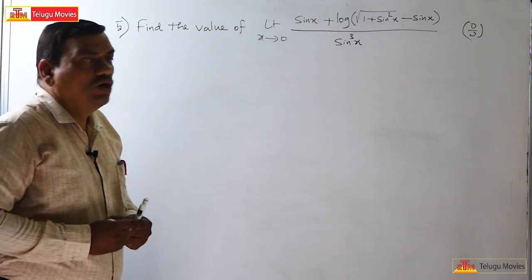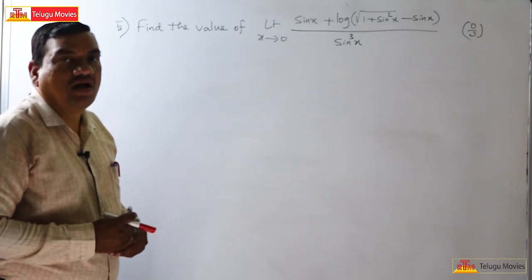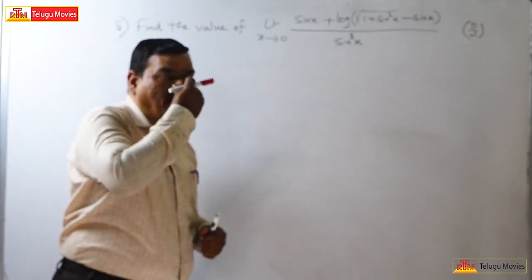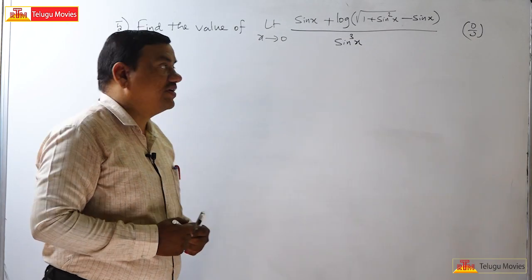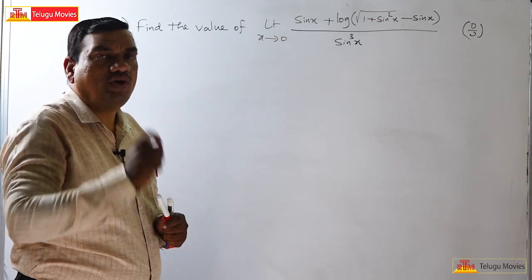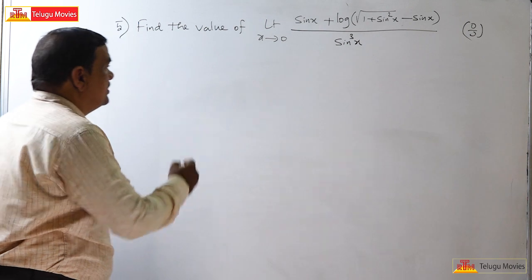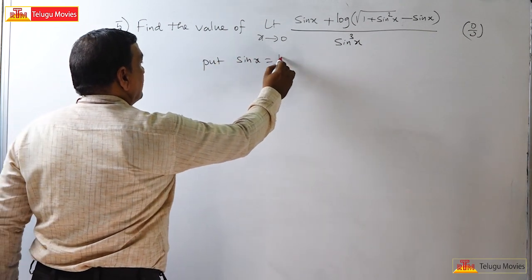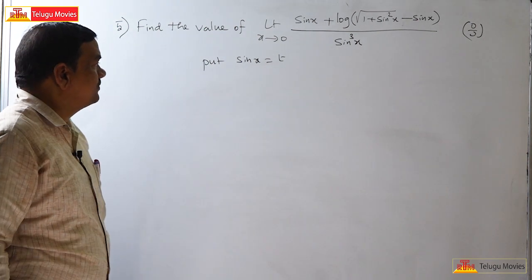Now, can we start directly with the L'Hopital rule? If we start directly with the L'Hopital rule, the problem will be very difficult. So let us do it in a technical way. Put sin x equal to t.